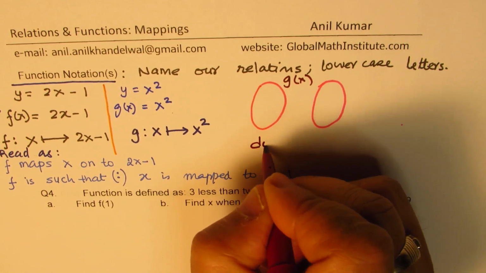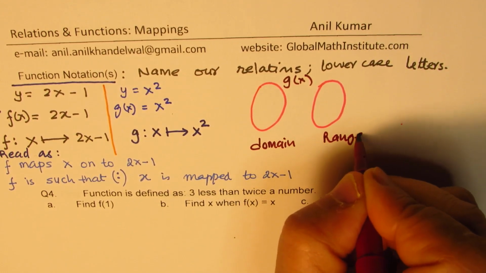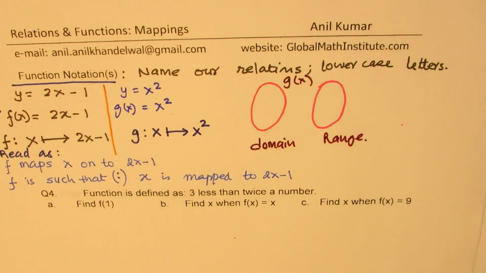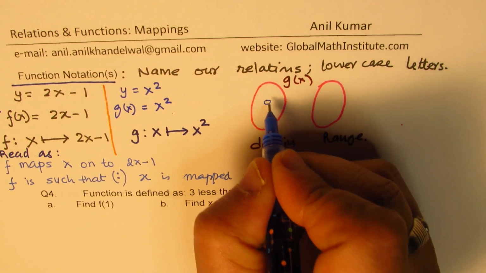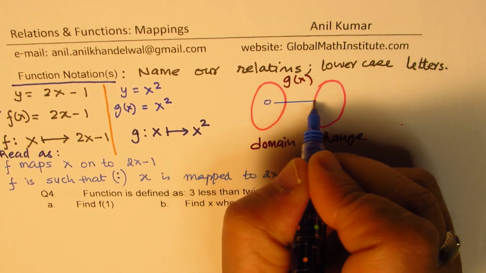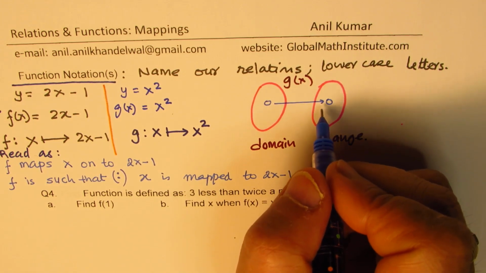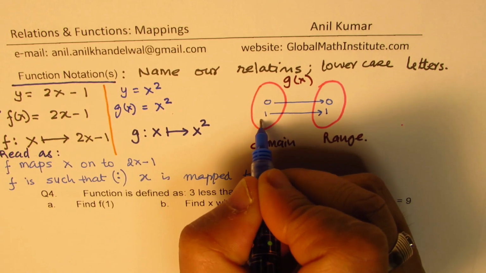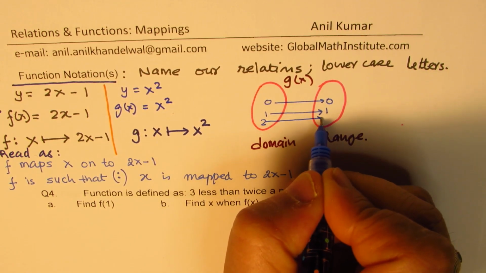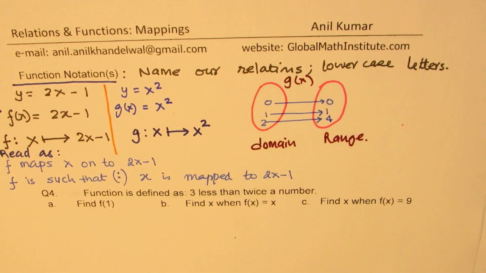This is your domain, and that's your range. If I write 0 here, it will be linked with 0, the square of that number. If the x value is 1, it will link with 1, but if it is 2, it will be linked with 2 squared, which is 4. You get an idea, right?